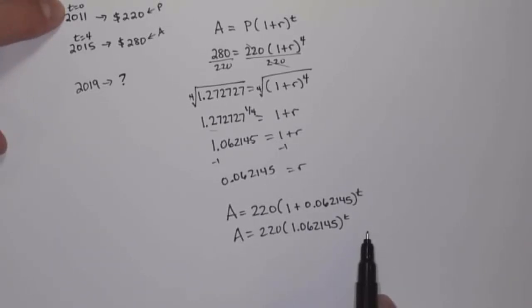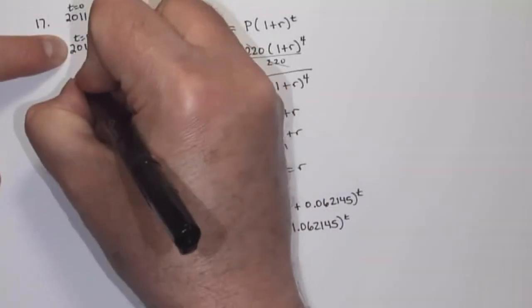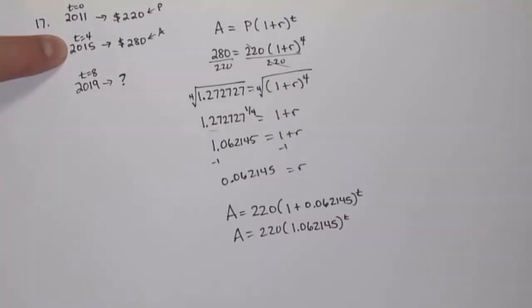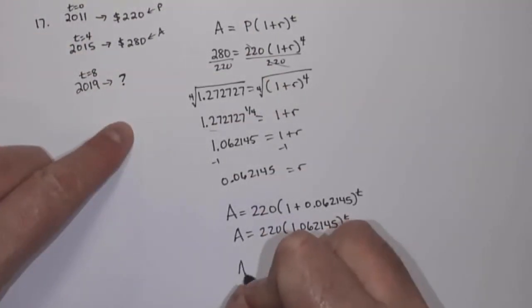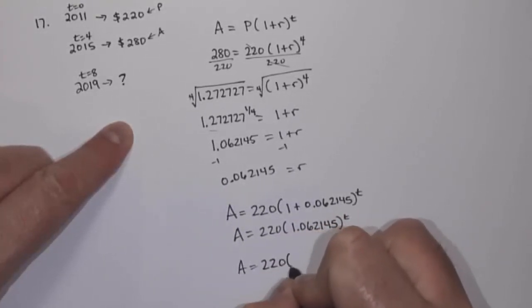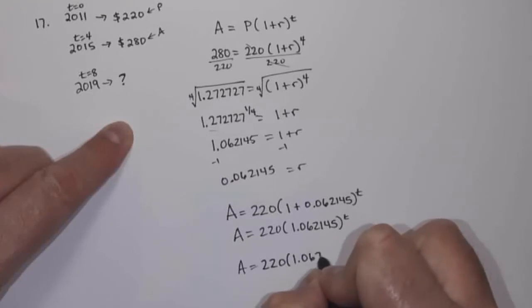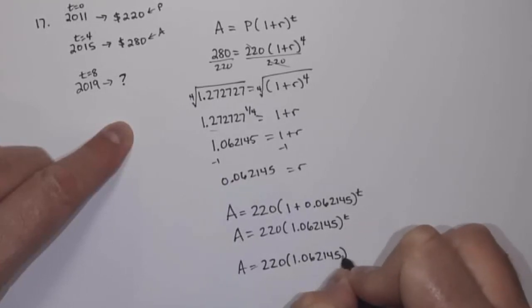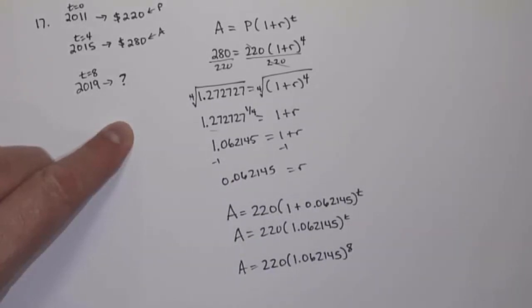Now, if 2011 is year 0, 2015 is the year 4, 2019 is going to be the year 8. So all I have to do is substitute 8 for t. So I'm going to have 220 times 1.06215 raised to the 8th power.